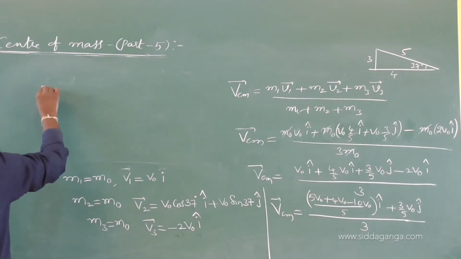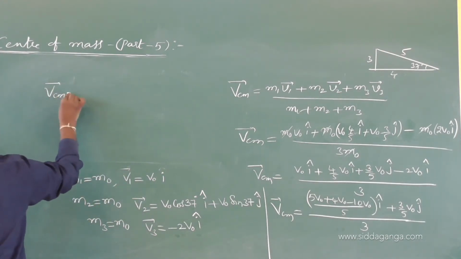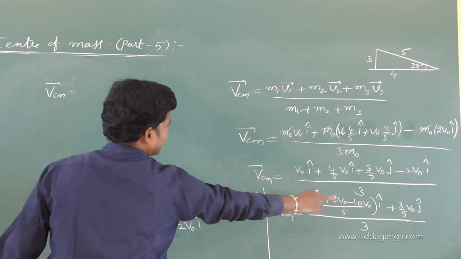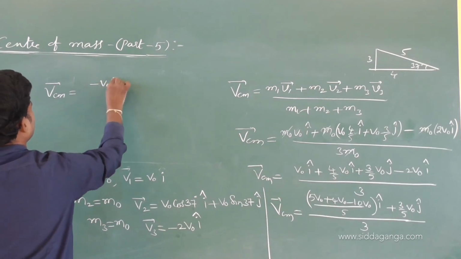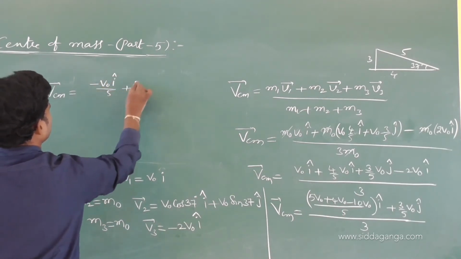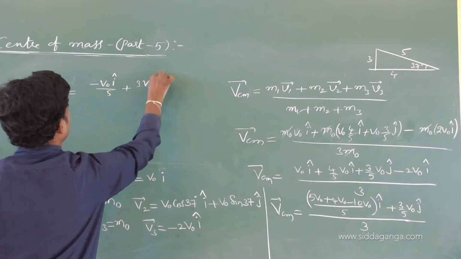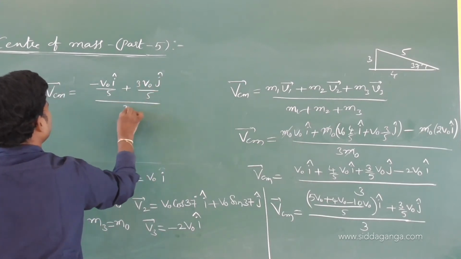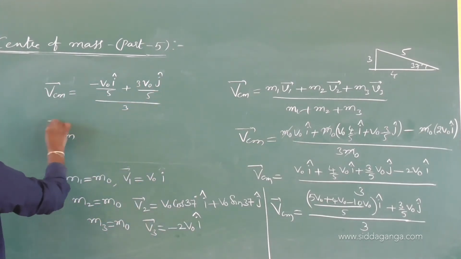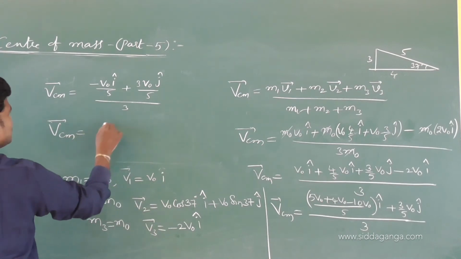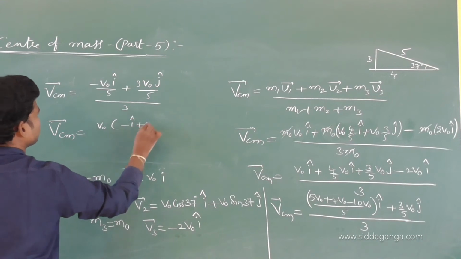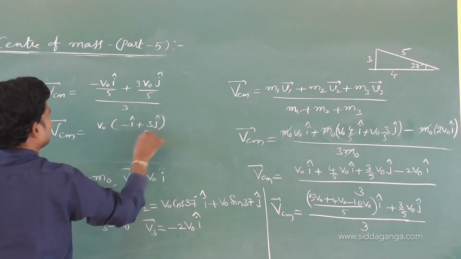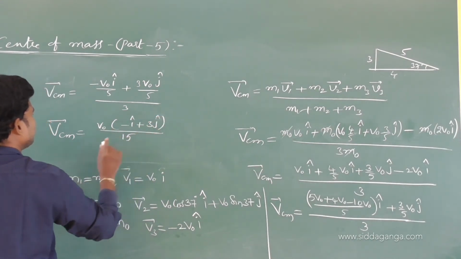So what is Vcm bar? It is minus V naught i cap by 5 plus 3 V naught j cap by 5, by 3. So Vcm bar, if you take V naught outside, is minus i cap plus 3 j cap divided by 15.